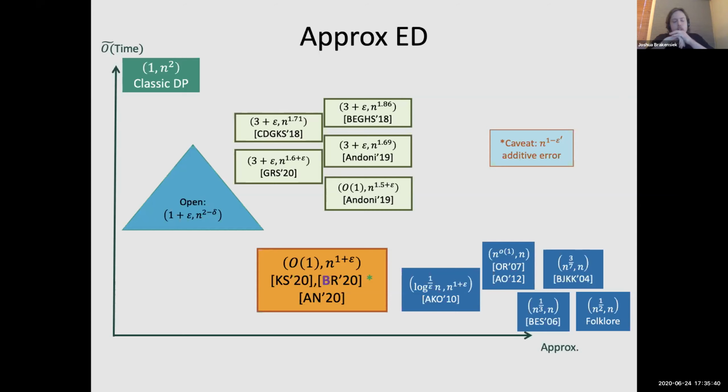So all the recent breakthroughs which give constant factor approximations, none of them are able to get this 1 plus epsilon approximation because they crucially use a triangle inequality trick introduced by BGHS, which requires the approximation to be at least 3.